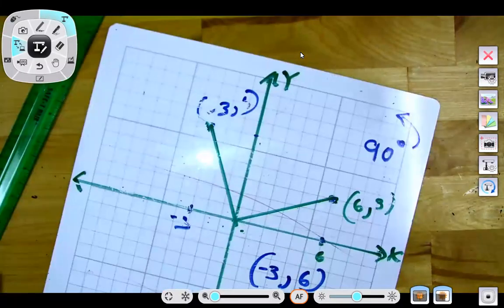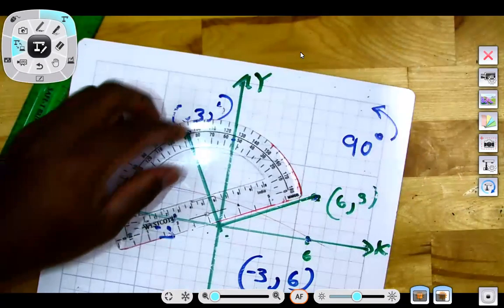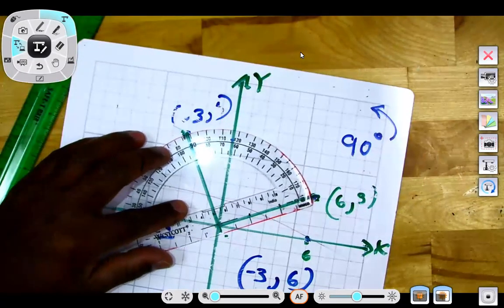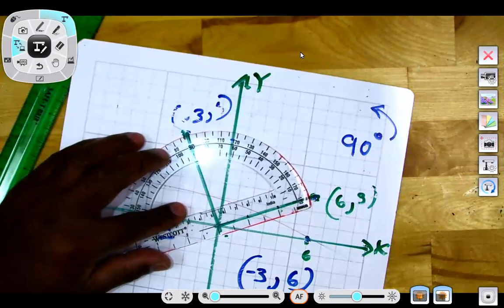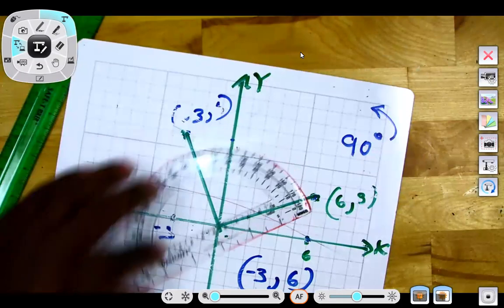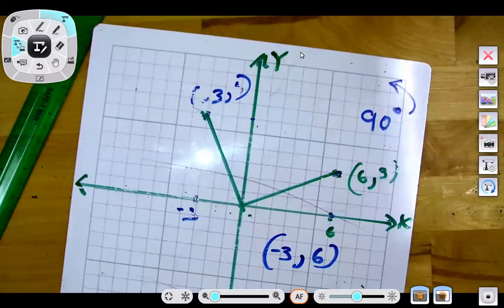See, it looks like 90 degrees. See? So you know how to rotate 90 degrees. You just flip it, change the x value.